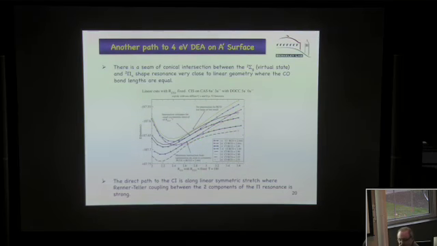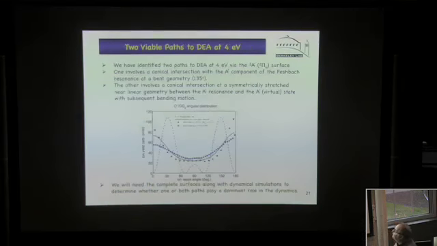These are monstrous calculations. These are configuration interaction calculations on the order of 16 or 20 million configurations in order to locate these things accurately. Okay, so that would also say that it's possible that this molecule stretches symmetrically and then reaches this conical intersection with the virtual state before it dissociates.